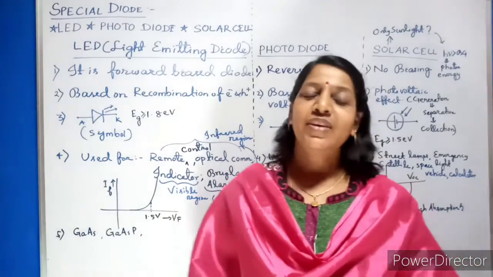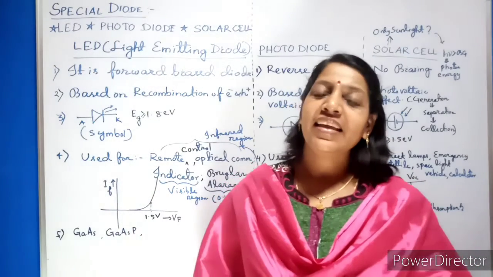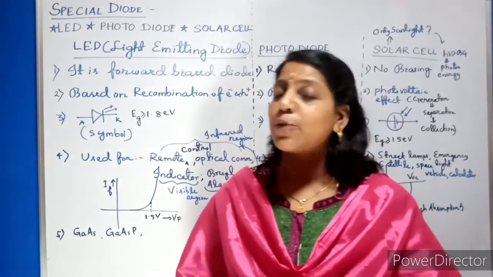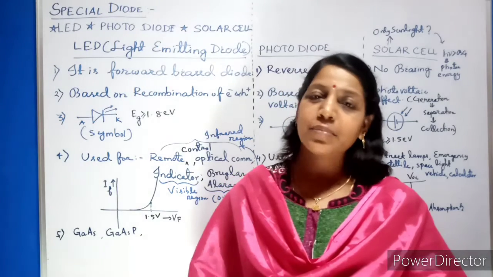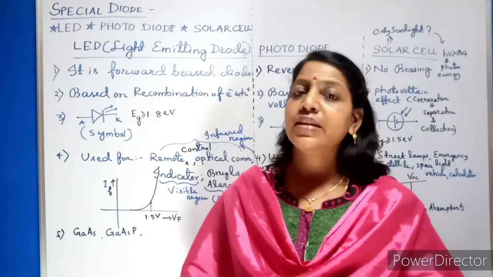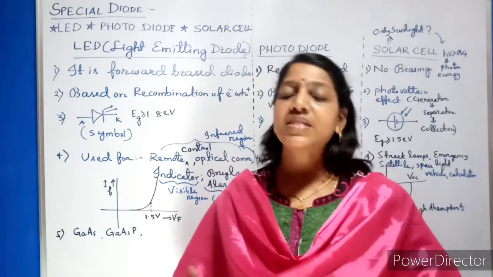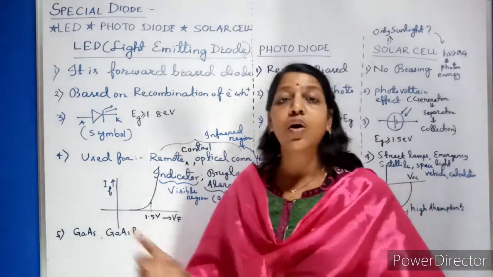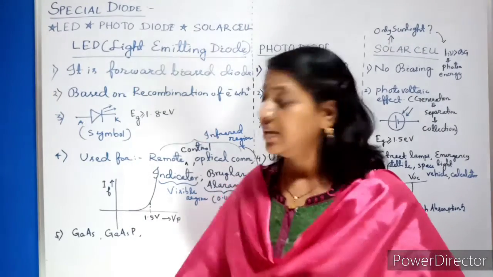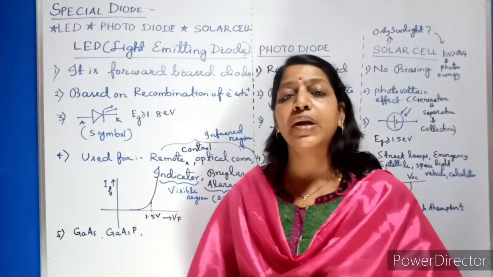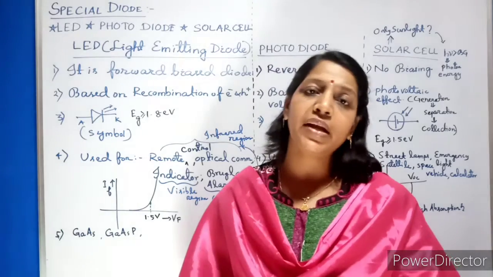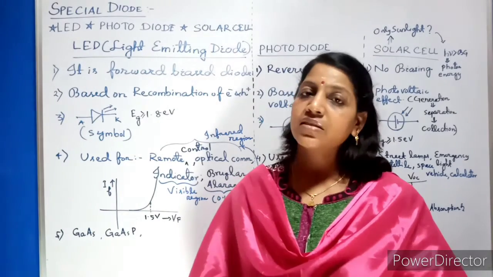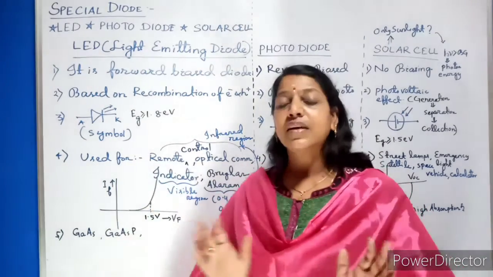But your LED is made up of different types of materials like gallium arsenide and gallium arsenide phosphide. It depends on the color, what type of compounds you are selecting. So usually they turn on at a higher voltage, more than 1.5, sometimes even 1.8 volt. That is the difference in the graph.